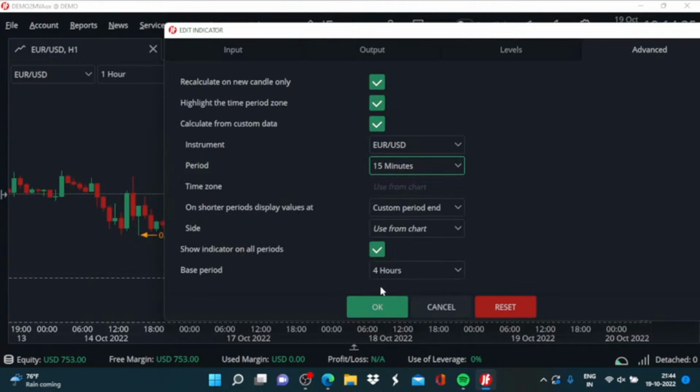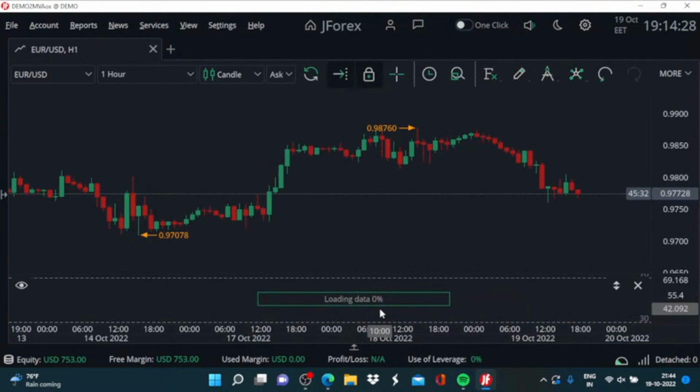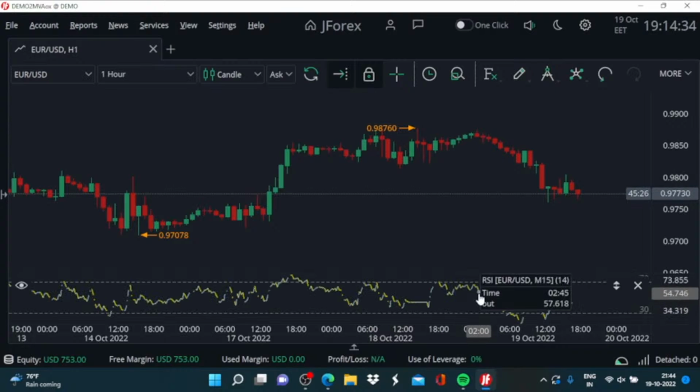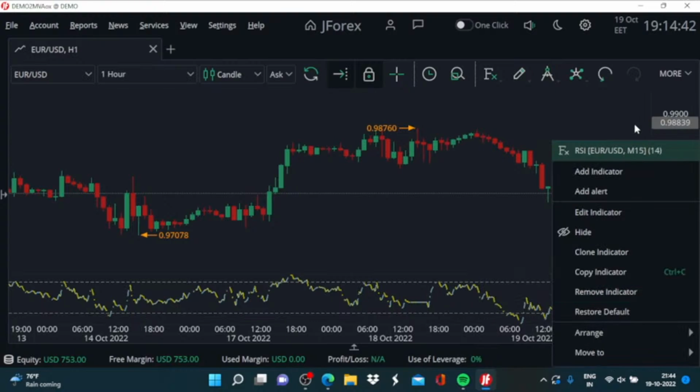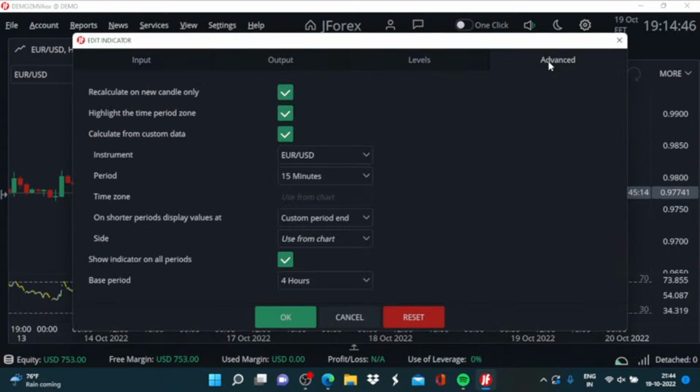Suppose you want the calculation to be done only on the 15-minute candle period regardless of the chart's candle period, then you can do that as well. So you get this option here as well. Here the RSI is being calculated using the candle period of 15 minutes even though the chart's candle period is hourly. So we get these additional customization options in these advanced editing tools.